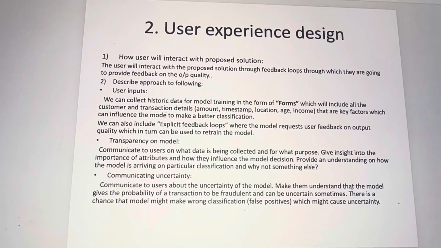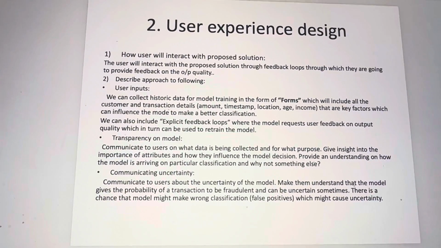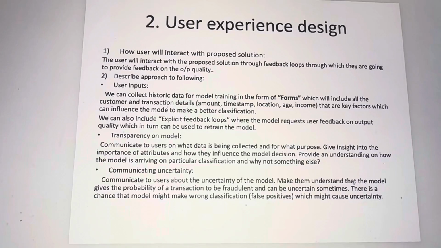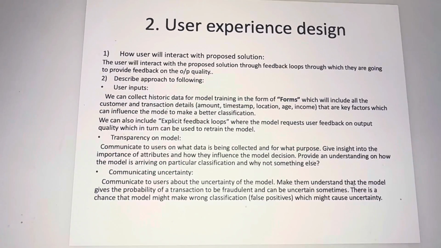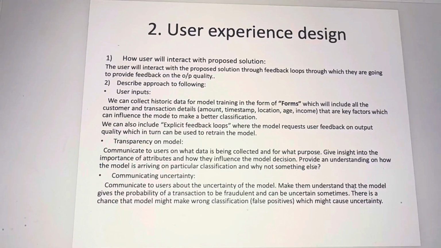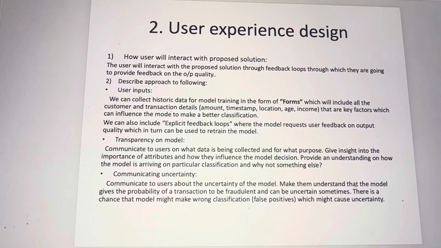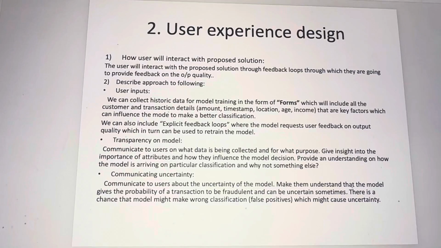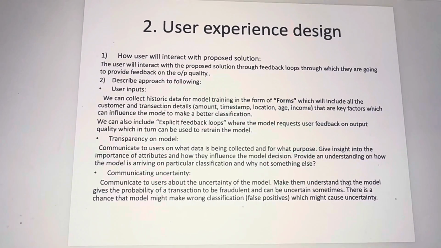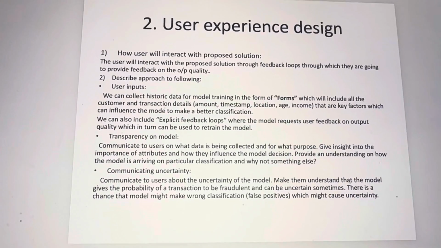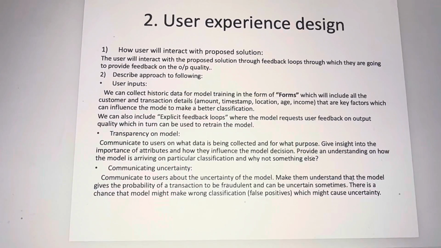All these things can happen, which is the uncertainty in the model, and we have to communicate it to the users. We have to make them understand that the model is just predicting the probability that a transaction could be fraudulent, and the probability could be wrong sometimes, and the model can make a wrong classification, which will in turn cause uncertainty.